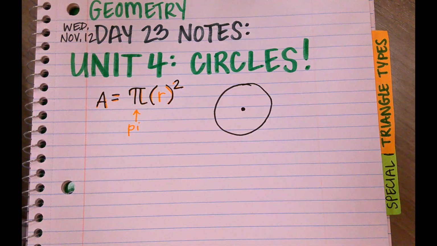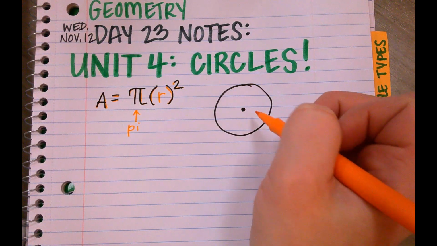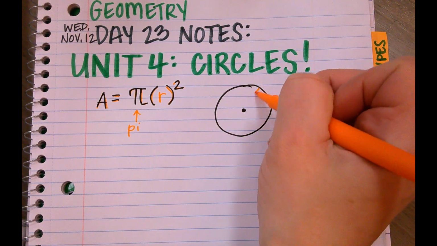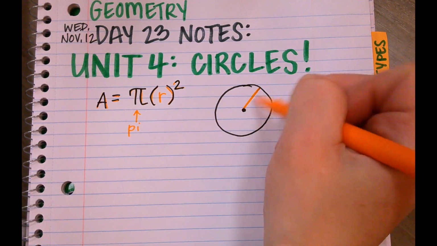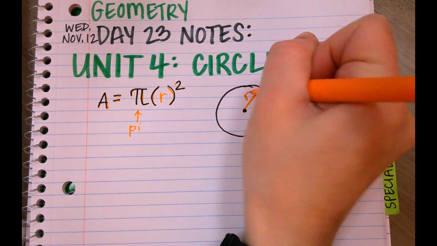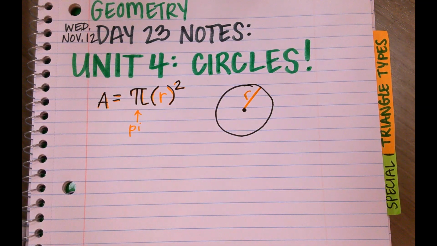And can anybody tell me, looking at the handout, what is the radius? It's the distance from the center to the outer edge. Yes, the radius is the distance from the center of the circle to the outer edge. So we're going to draw a line that goes from the center to the outer edge. And we'll label that with R. This is the length that we use for R, radius.